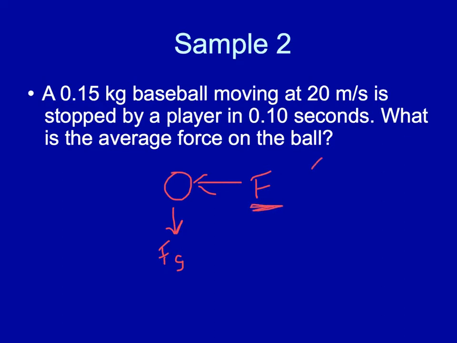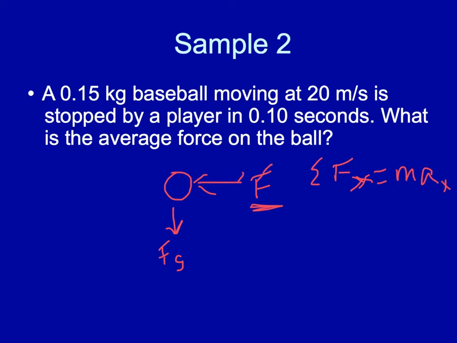So I'm now going to say the sum of the forces in the x direction is equal to m times a in the x direction. Now, I don't know a. So what I'm going to have to do is treat it like a kinematics problem and solve for a.